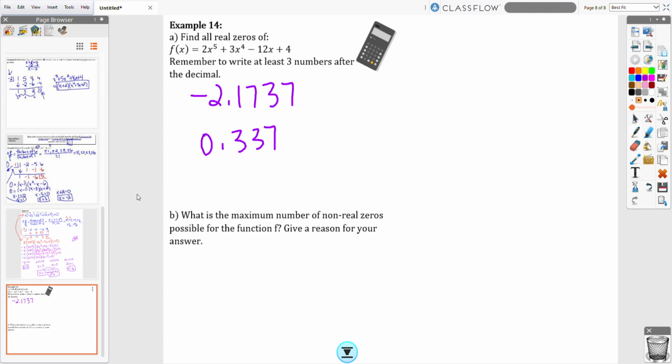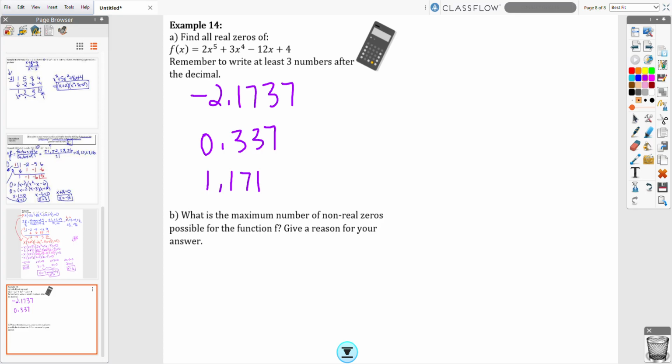Now I need to hit the right arrow and go to the right. And it should be on the opposite side of the x-axis. So I'm going to hit enter here. And then you can just hit enter a 3rd time. And ta-da, there's your final 0. So we have 1.171. 1.171, yes. So those are the 3 real zeros of our function.